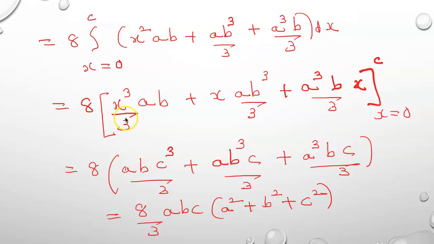So we get 8, x cubed by 3 a b, when integrating with respect to x within the limit 0 to c, plus x a b cubed by 3 plus a cubed b by 3 x, within the limits x equal to 0 to c. So substituting the limits, you get 8 times a b c cubed by 3 plus a b cubed c plus a cubed b c by 3. You can take out a b c by 3, so you get 8 by 3 a b c, a squared plus b squared plus c squared, which is your answer.